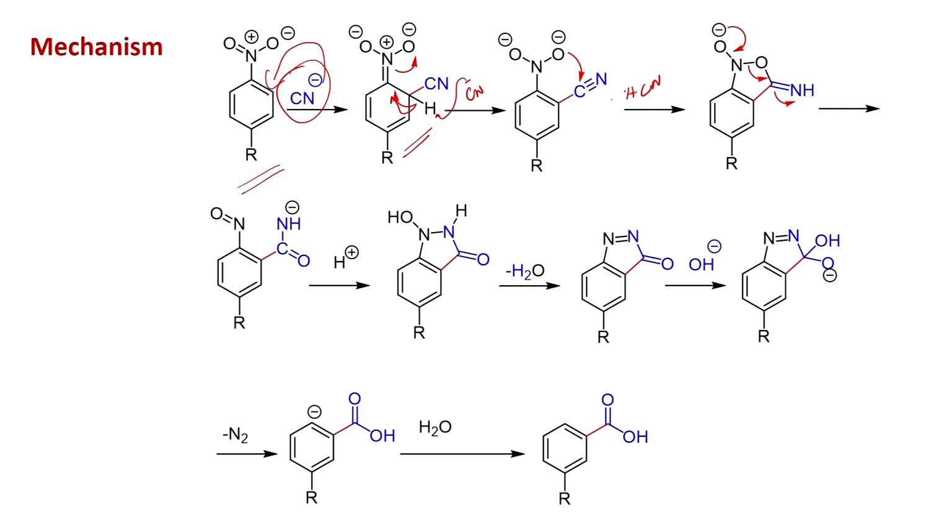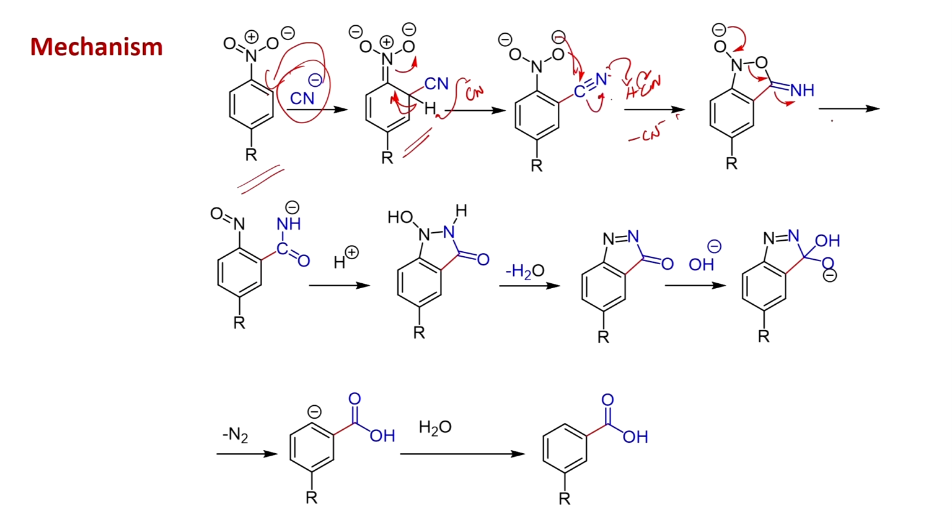Now this lone pair can take this proton, then you lose cyanide ion, you will have this intermediate, intramolecular cyclization, and you will have this intermediate.